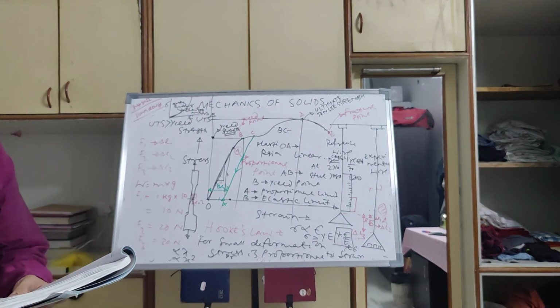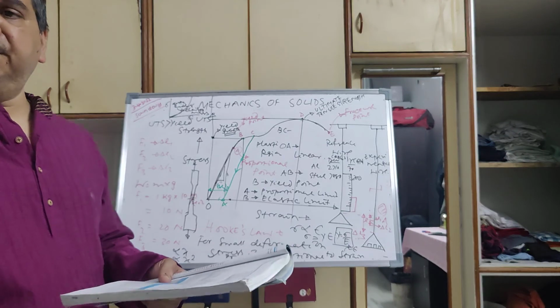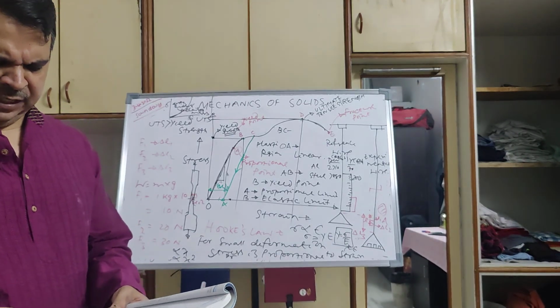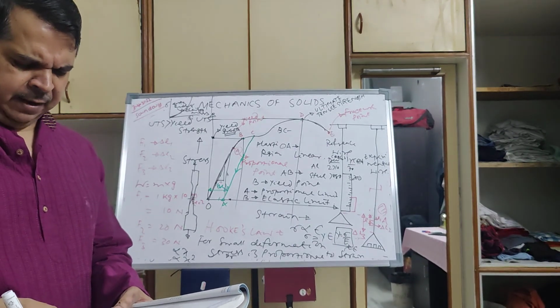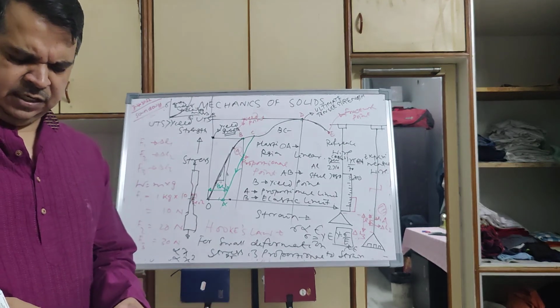Whereas the yield strength of this material is in MPa. For aluminium it is let us say 95 MPa, and steel is 220 MPa.